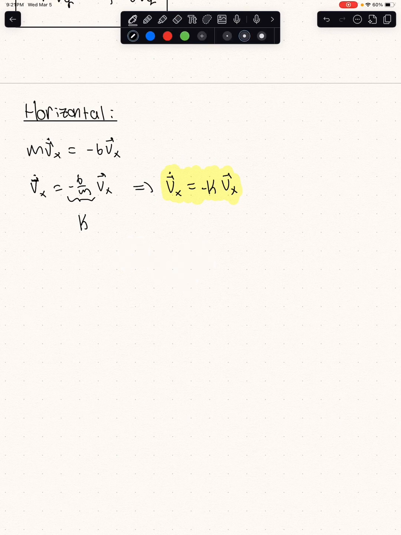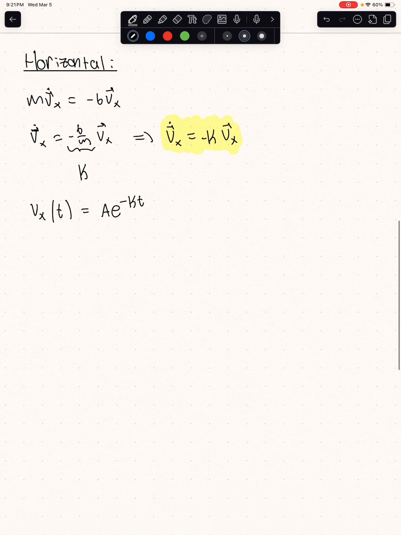So, solving for vx of t, and this is a time derivative, because we're going to be able to find position eventually. This is going to be equal to some constant a times the exponential.